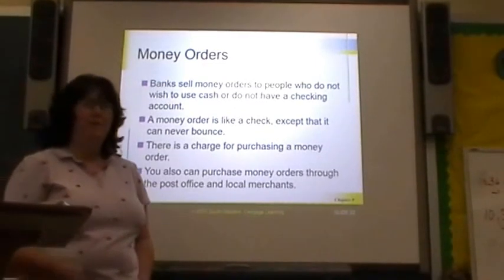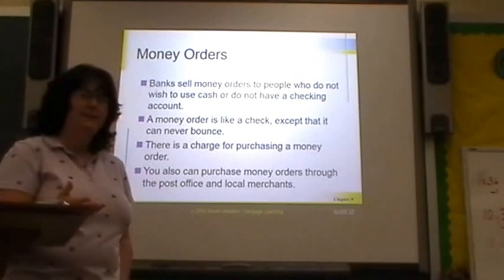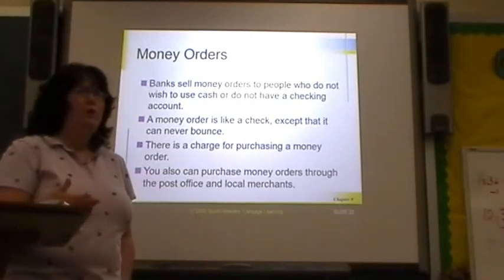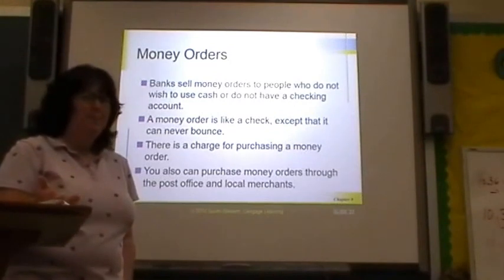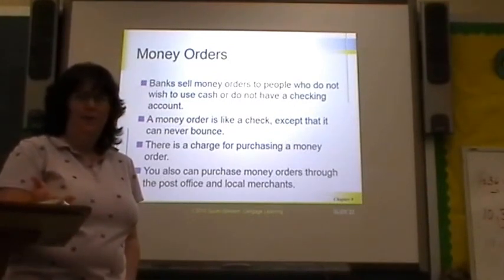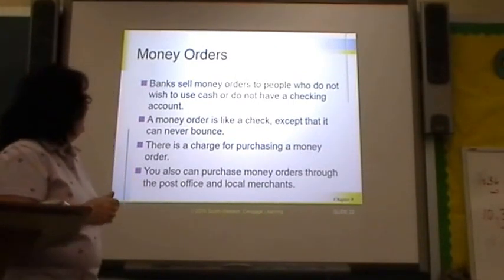Another thing about traveler's checks that I forgot to mention is some businesses, if they're not local, are a little nervous about taking your checks. They don't know you. It may not be a bank that they're used to dealing with, so they won't take out-of-town checks. Traveler's checks get around that problem.